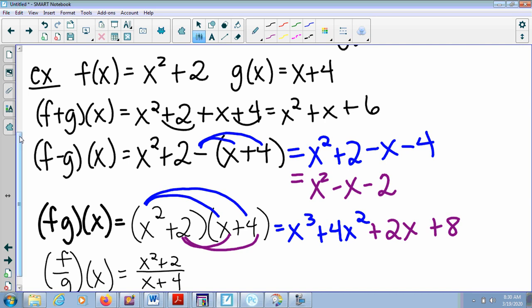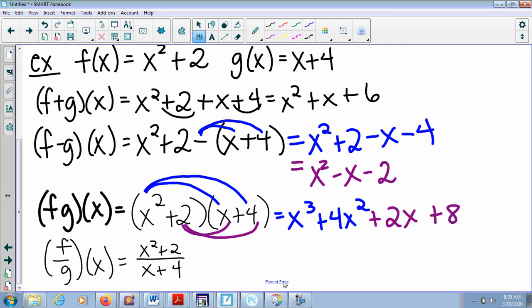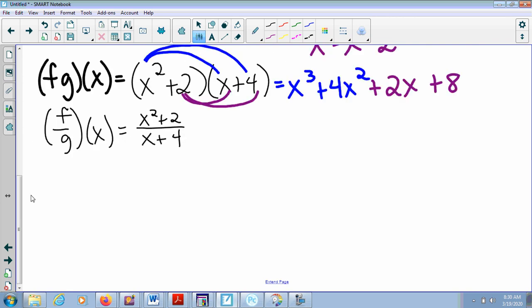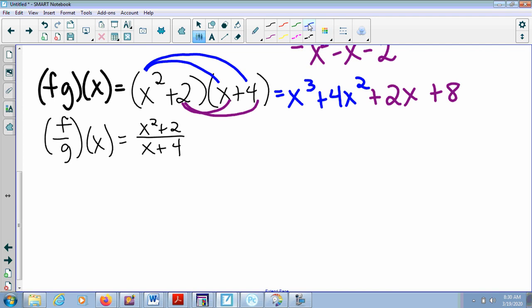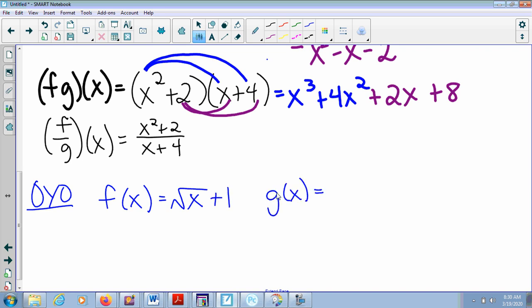So if you want, I'm going to go ahead and put one up here for you guys to try on your own real quick. Let's say that the f of x is the square root of x plus 1, and the g of x is x minus 5.